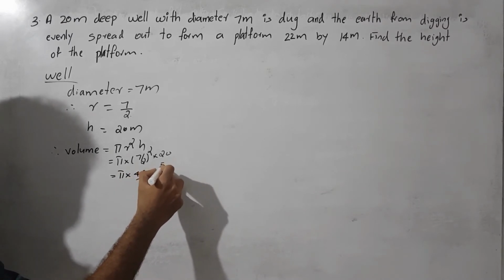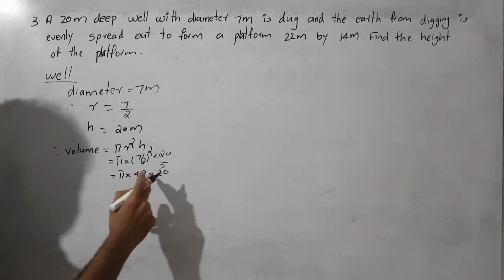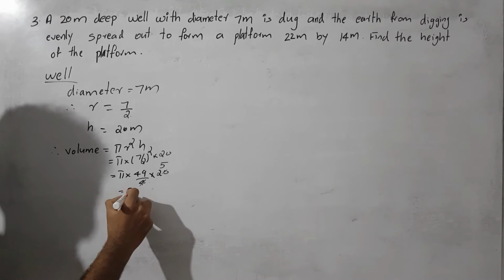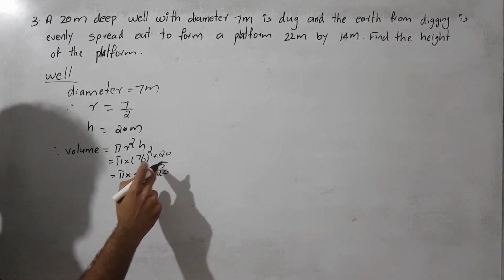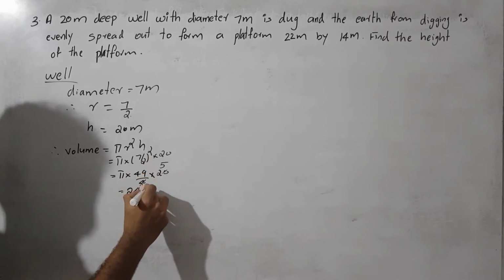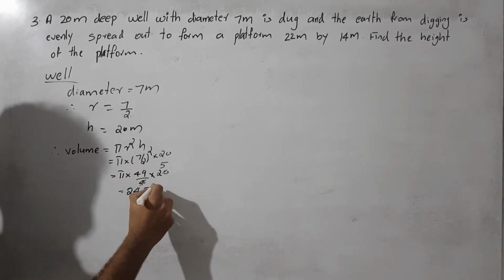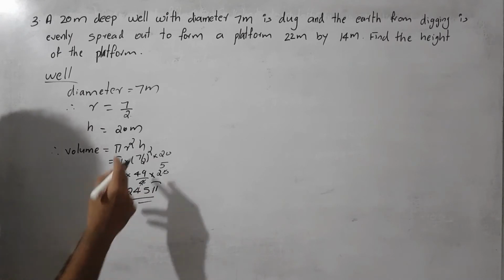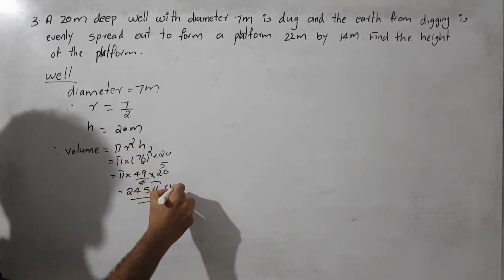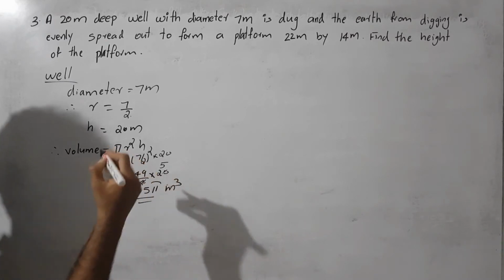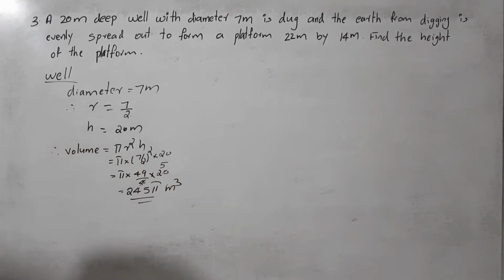Then 5 times. Pi into 49 into 5 is 245, correct? Then 245 pi cubic meter. The volume of the well is equal to 245 pi cubic meter.